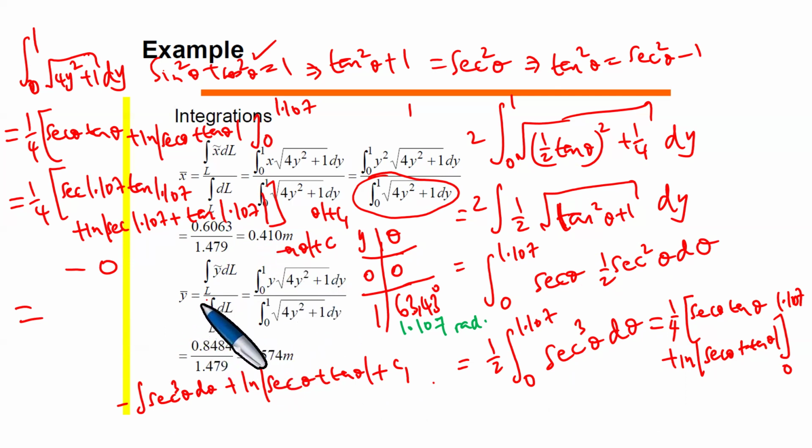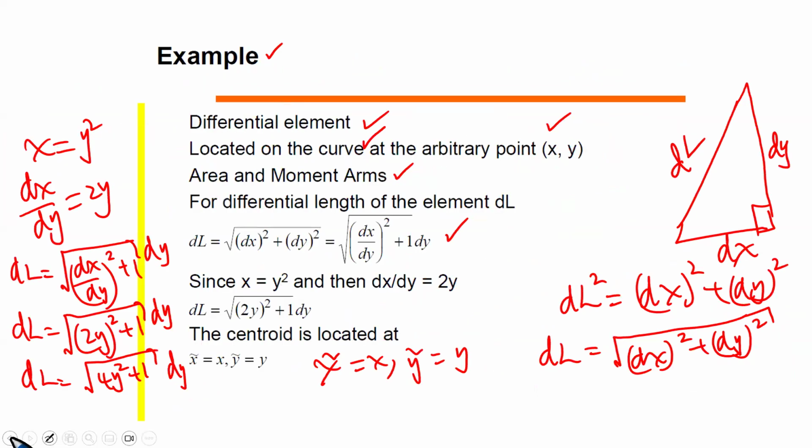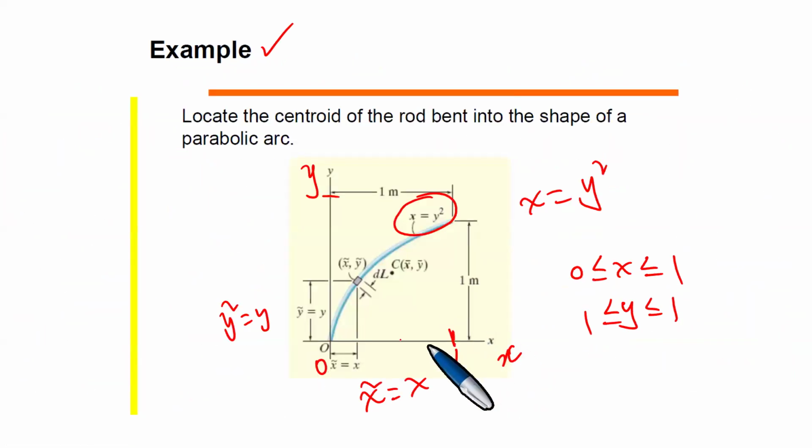Now, what about the y bar? It is the integral of the y tilde dl over L divided by the integral of dl over L. You integrate from 0 to 1. Why from 0 to 1? Because we know that y is also from 0 to 1, as much as x is from 0 to 1. And this is a description of this particular rod that we're dealing with.